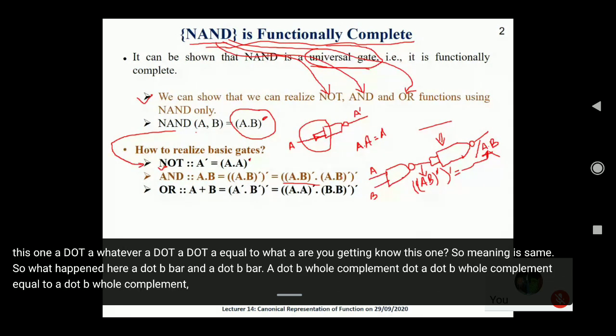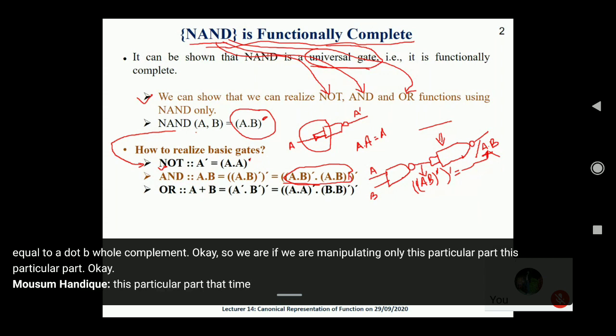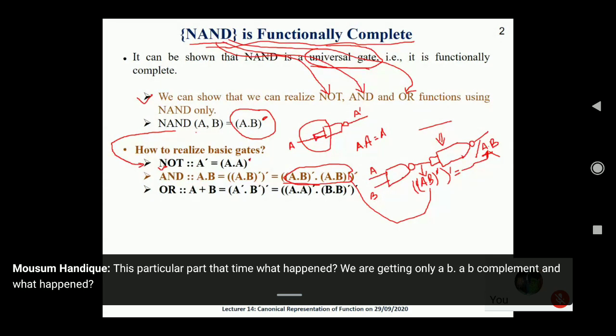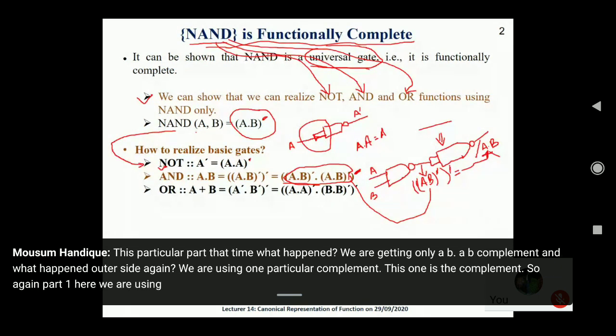So if we are manipulating only this particular part, we are getting only AB complement. On the outer side we again use one complement. So again, when we apply it, we are getting AB.